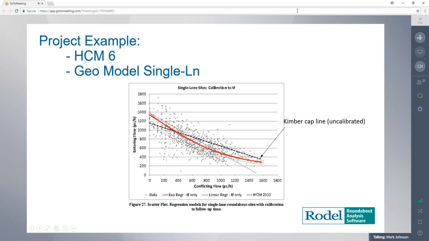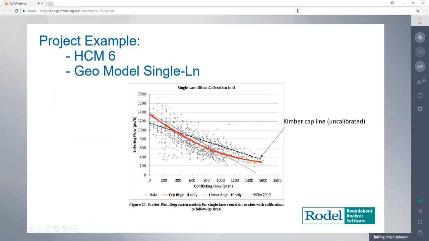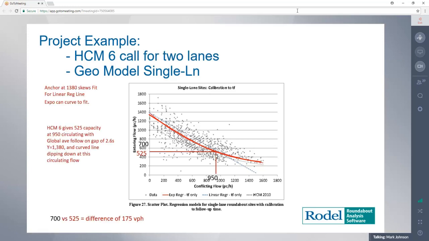For example, here's the HCM 6 capacity line shown in red, and at a circulating flow of 950, you can see that the capacity is quite a bit lower than Rodel's capacity line, and so it's going to predict higher delay and higher queuing, or a call for an additional lane or more capacity compared to the Rodel line.